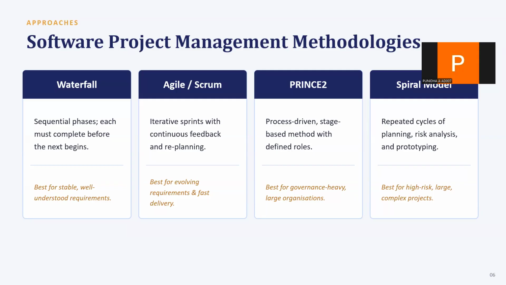Next, PRINCE2: process driven, stage based with defined roles, best for governance heavy, large organizations. And finally, the Spiral model: repeated cycles of planning, risk assessment, and prototyping, best for high risk complex problems. None of these is universally the best. The right choice depends on your requirements, risk profile, and organizational context.